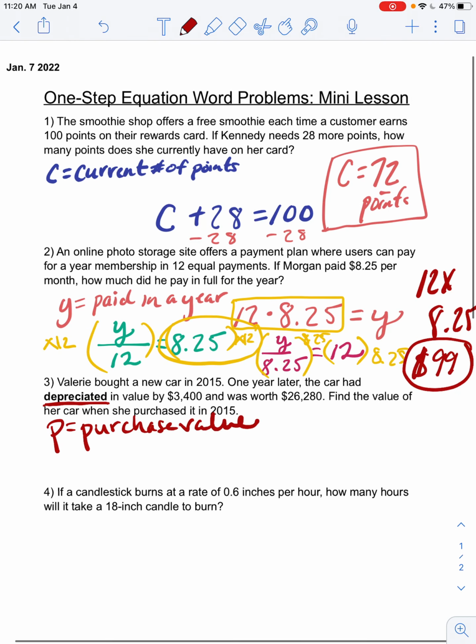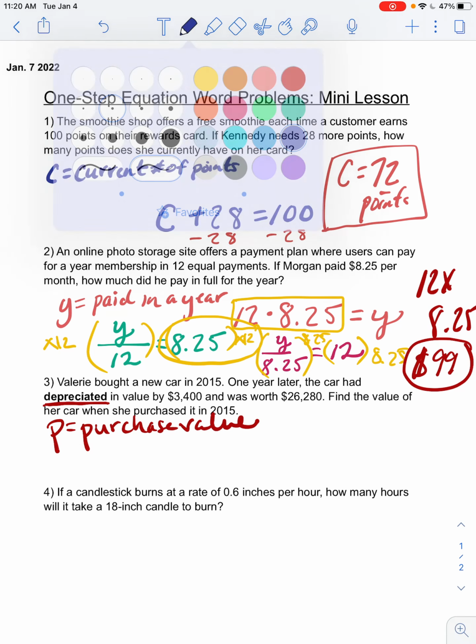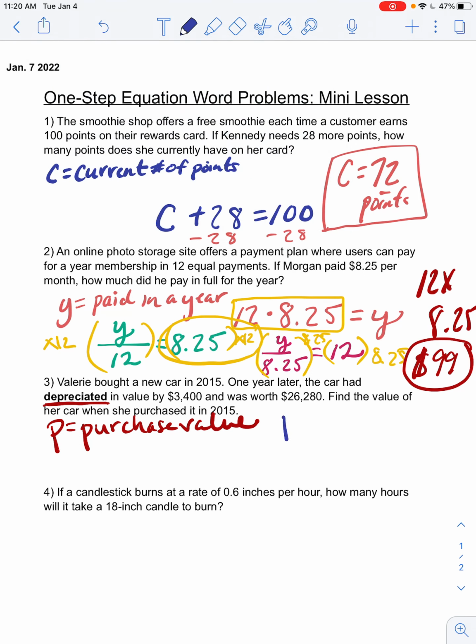And there's several ways you can set this one up. We could start with P and say that the purchase value minus $3,400 is equal to $26,280.